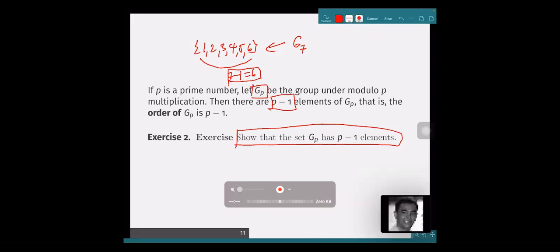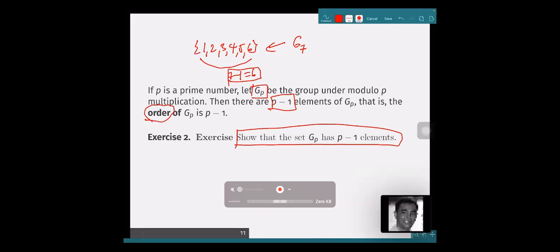In fact, I already showed you the answer to the exercise: show that G of P has P minus 1 elements. Very simple, because since P is a prime number, everything between 1 and P minus 1 is an element. Ergo, there are P minus 1 elements.